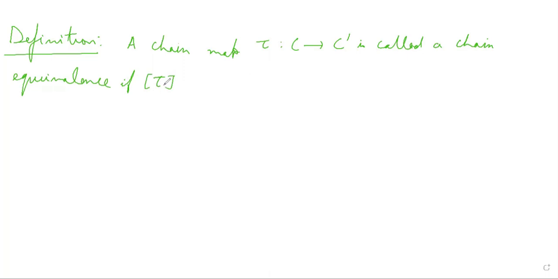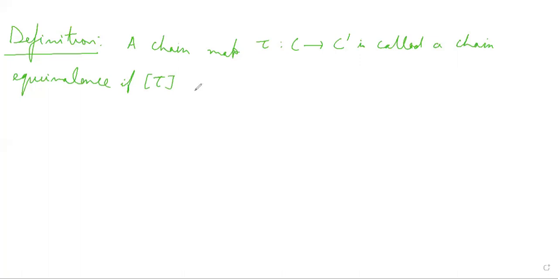So if chain map, we can have a category, right? We can have a category of chain complexes and chain map classes.